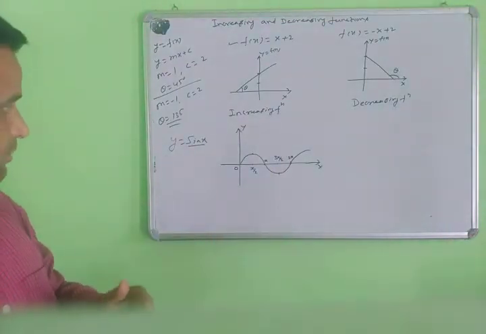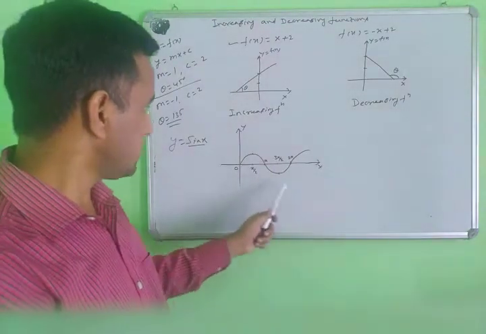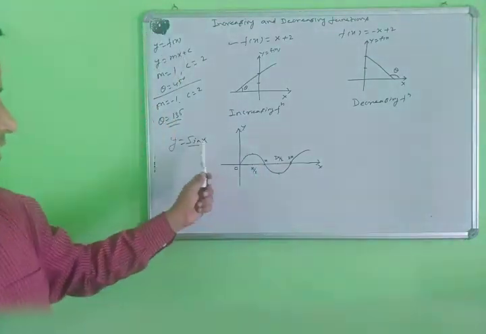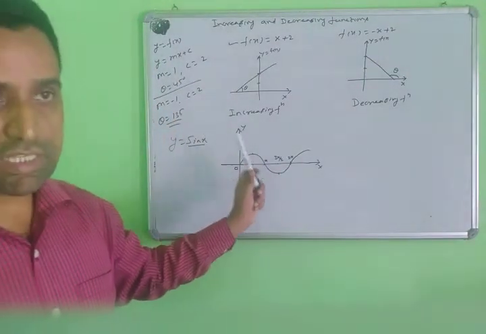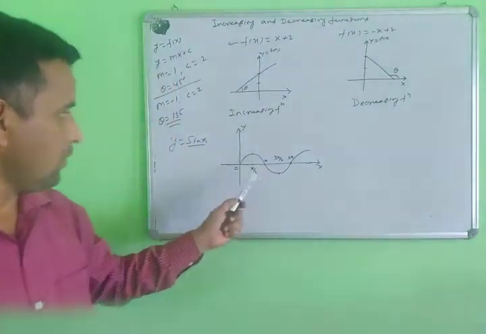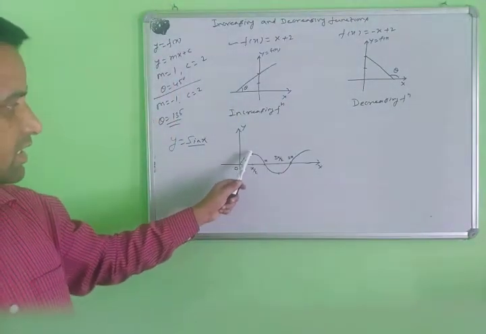Now observing this graph, can you say whether this function is increasing or decreasing? This function is both increasing and decreasing.